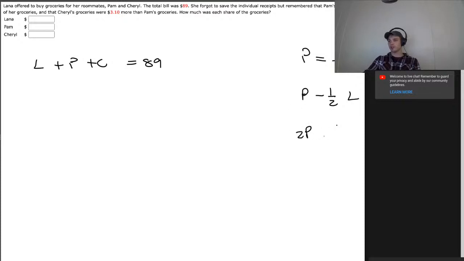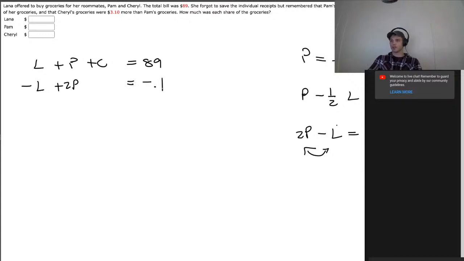This is going to get this in a nice form so that we can put this into a matrix, which is kind of what I'm looking for. And then I'll even switch these two to keep it in the same order. So we're going to have negative L plus 2P plus 0C. We'll just leave that off.